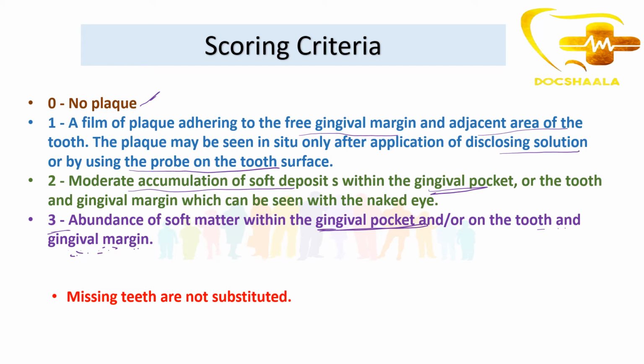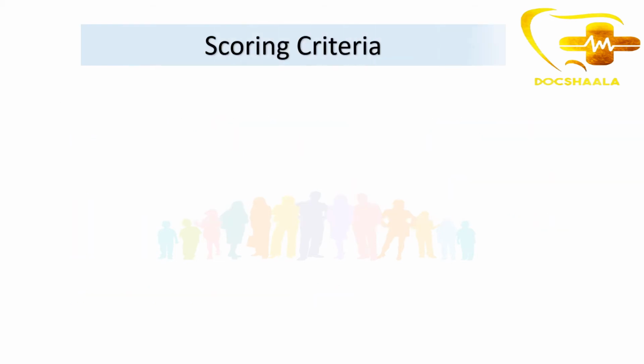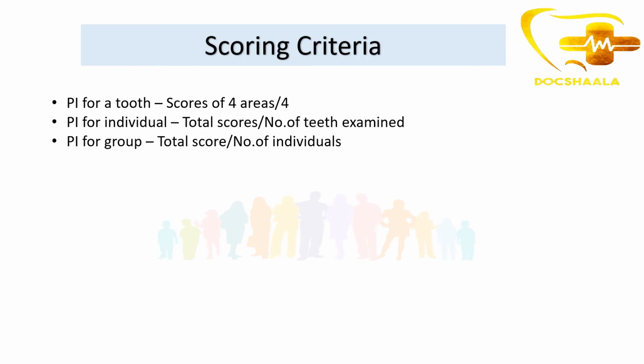One more thing you should keep in mind: missing teeth are not substituted. When we have taken some index teeth, if any tooth is missing, we don't substitute those teeth. So, plaque index for a tooth: we determine the scores of all the 4 areas divided by 4.